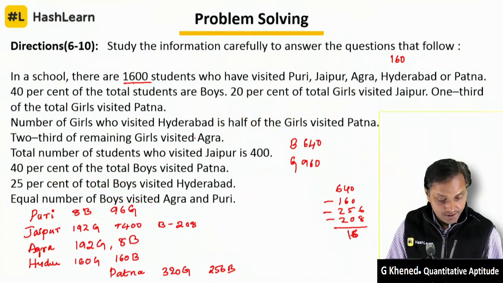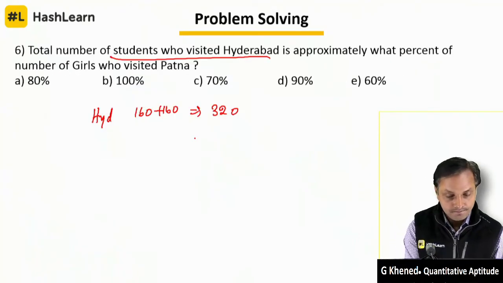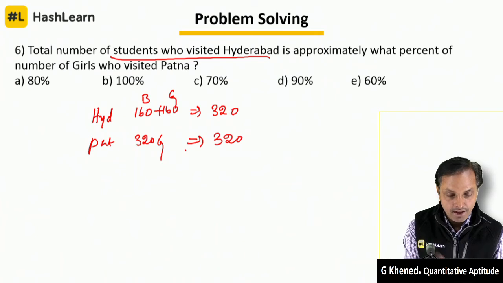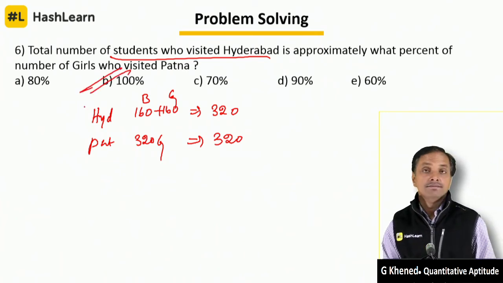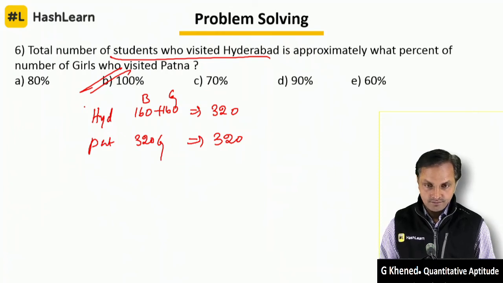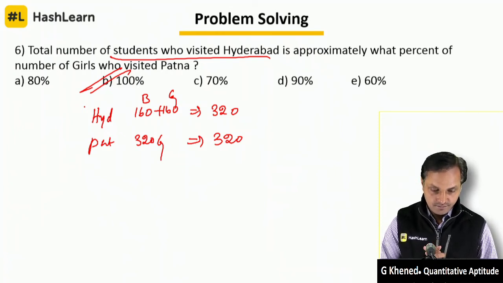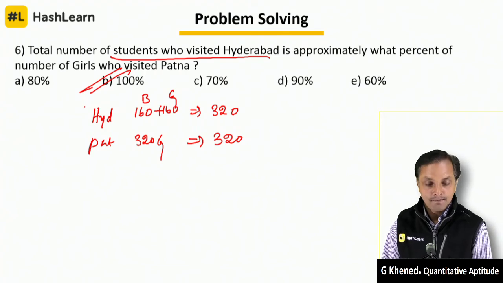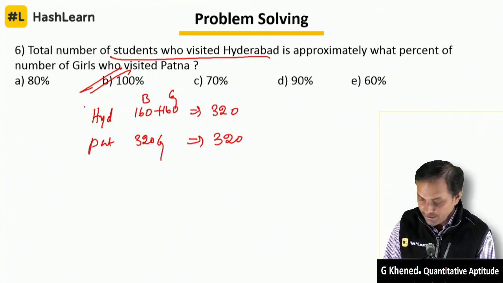The number of girls who visited Patna is 320. So the ratio is 100%. The previous analysis we have done by reading each sentence is going to help us a lot. You can solve the problem quickly.